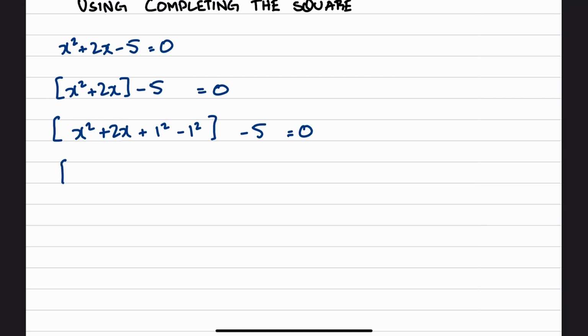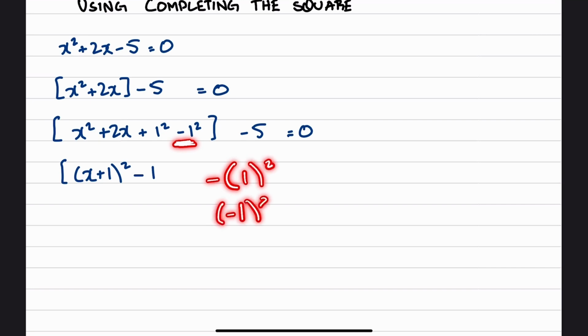So what we're left with inside the square brackets is (x plus 1) whole squared minus 1, because 1 squared is just 1, and the sign didn't flip because what this means is minus 1 whole squared. If the minus was in the bracket as well, the sign would flip, but in this case it's not.